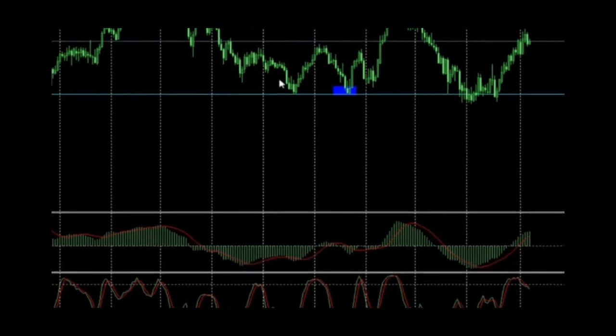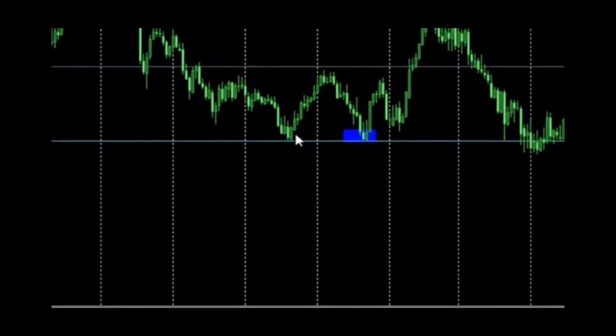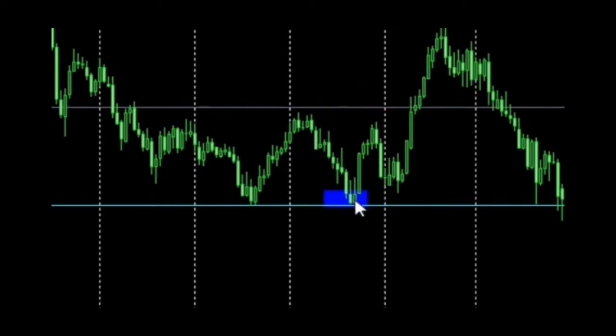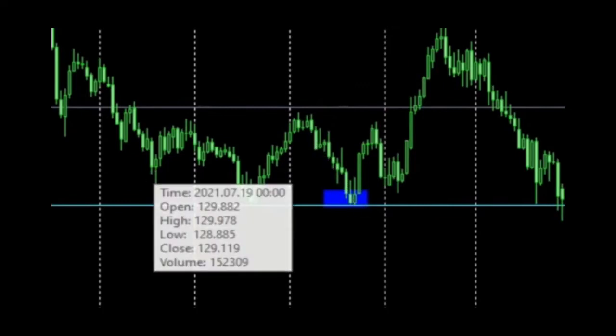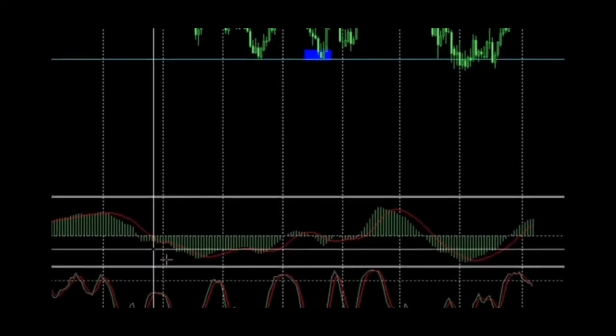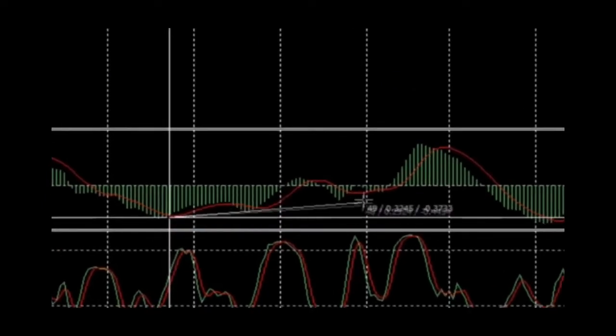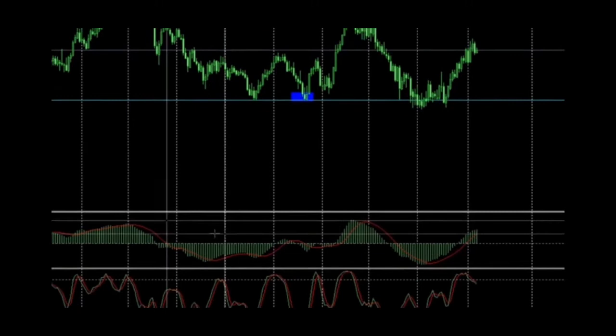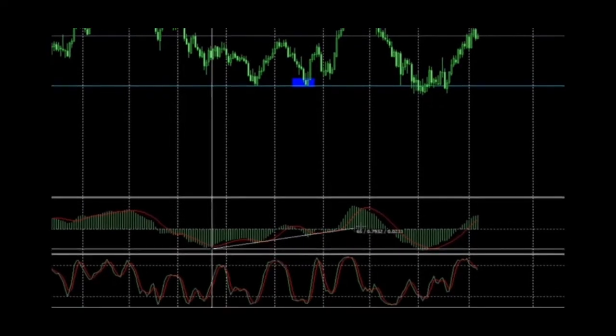This is another divergence. And from there, they went up, came back further down, lower than this one, but from here to here is going down, and this one is going up. This is the MACD for this one, and this one is going up.